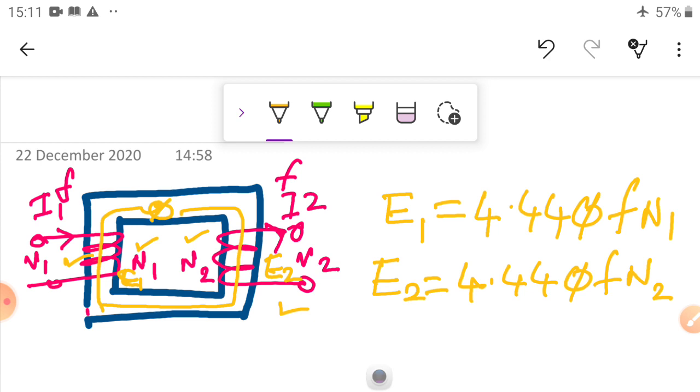It is similar, and depends only on the number of turns. This is the case for our transformer.